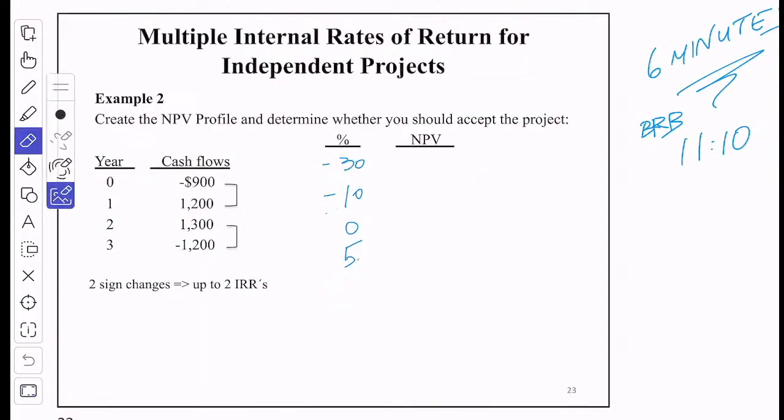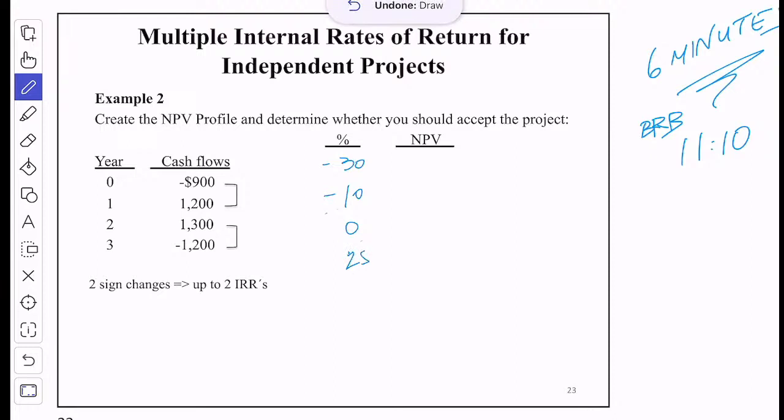So I'm going to use broad strokes. 0, 10, 25, 30, 50, 75, 100. Okay, so I'm using really broad numbers. And then I can be more specific when I find that it crosses over to a different sign. So let's enter these values into the calculator.